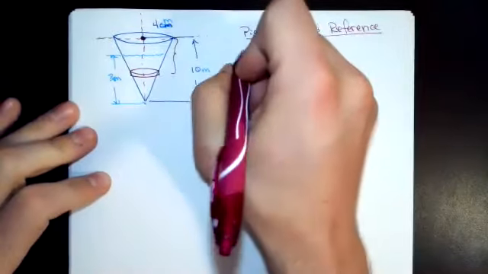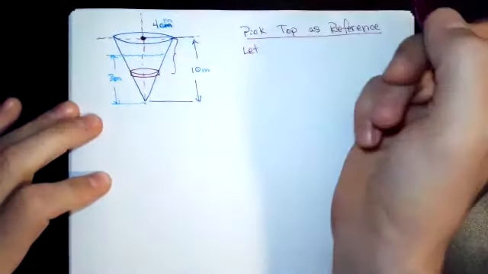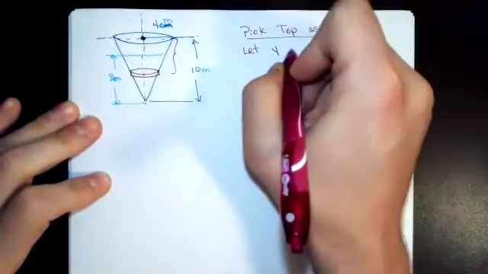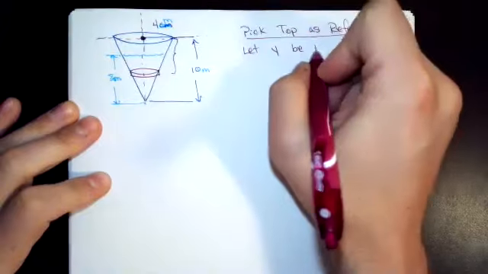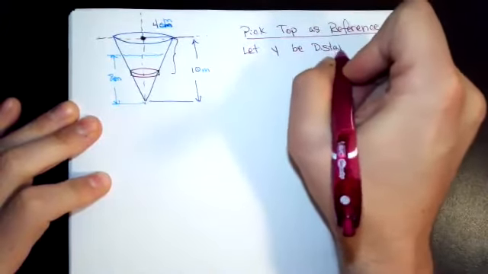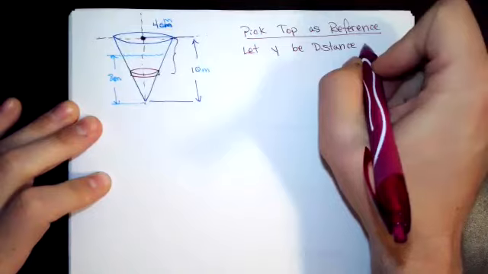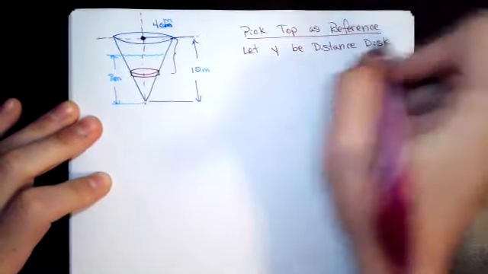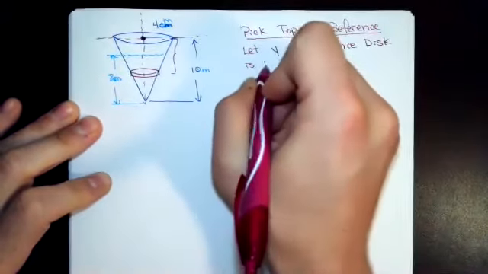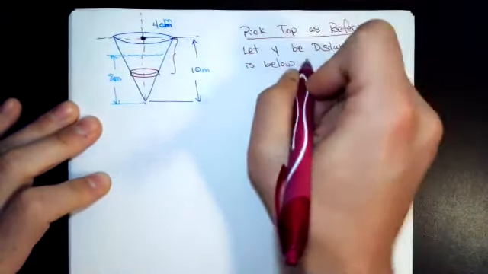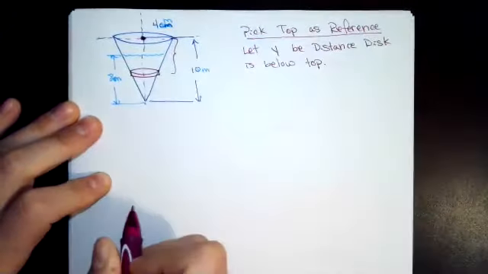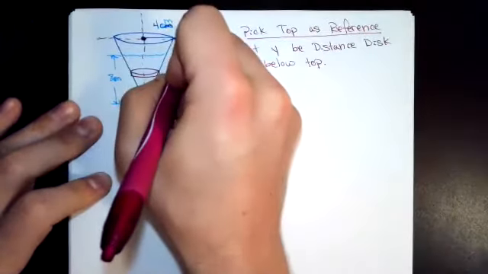So let's say y be the distance the disk is below top. So this distance here is y.